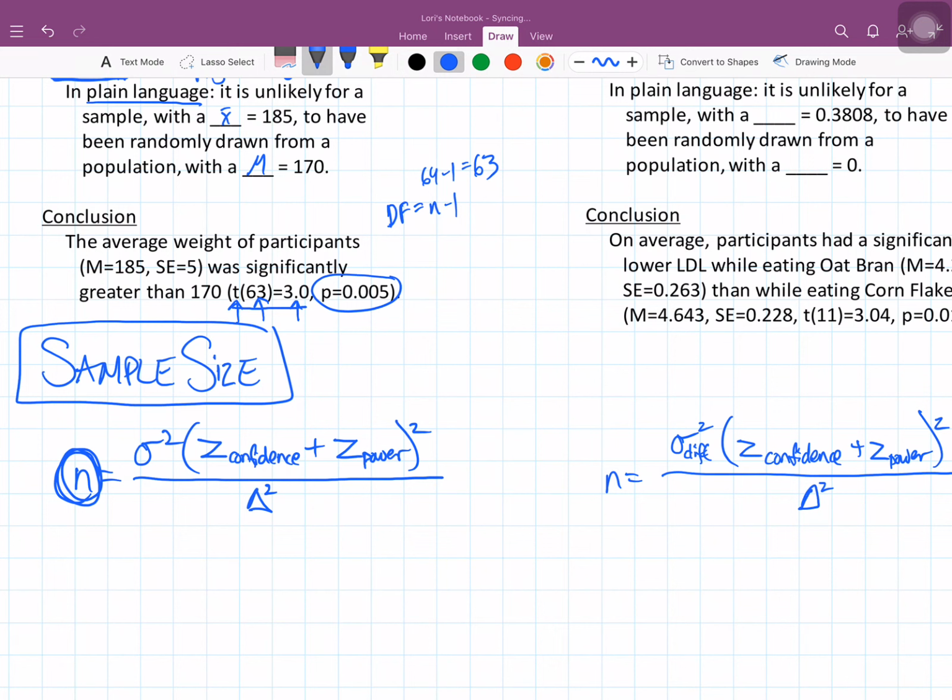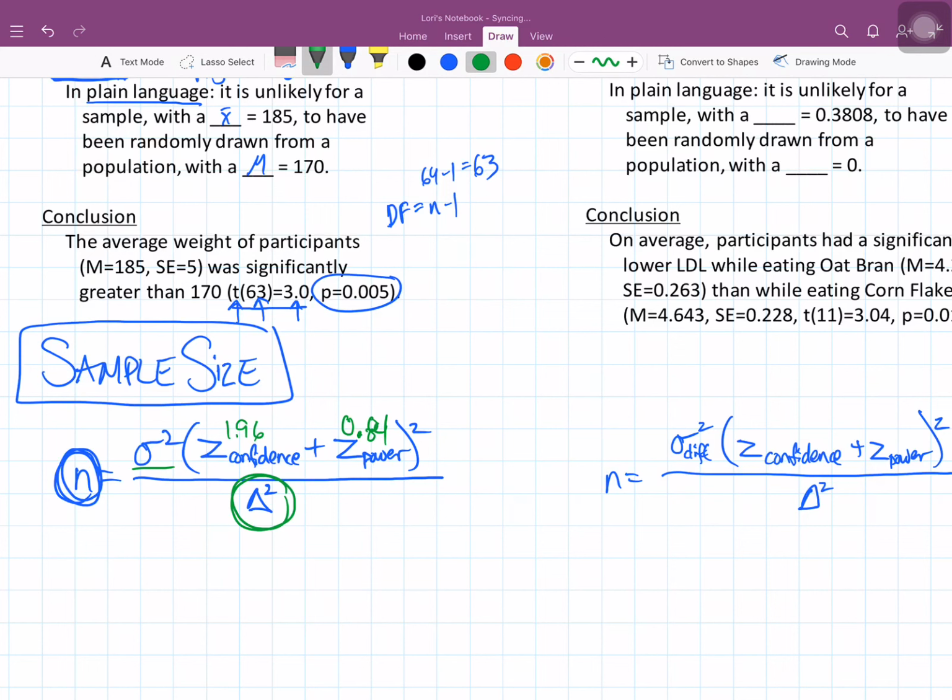The sample that we would need in order to detect this amount of difference can be calculated if we know the population standard deviation, which we don't usually, so we estimate that with the sample standard deviation, and the z of confidence, which is 1.96, and the z of power. If we were to say 80% power, the z value that goes with that is 0.84.